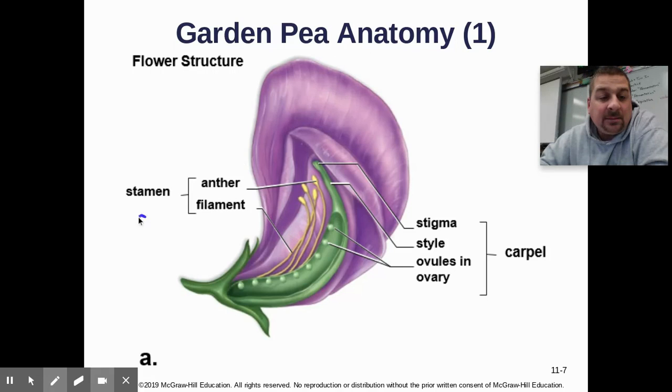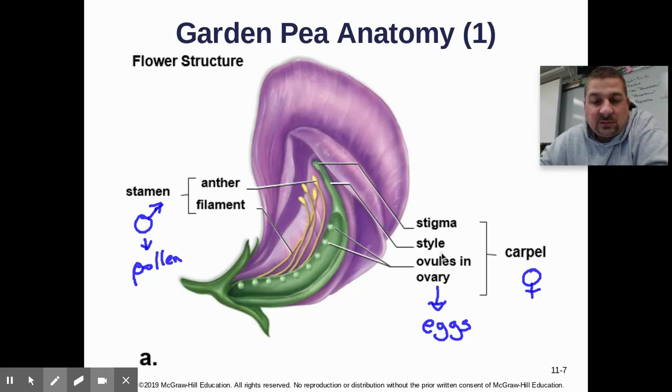The stamen is the male part of the plant, where you have these long filaments with a little anther on top. The anther would produce the male sex cell, pollen, the male gamete, which would be analogous to sperm in animals, whereas the carpel is the female part of the plant, and you have this long ovary here with the ovules, or eggs, as the gamete.